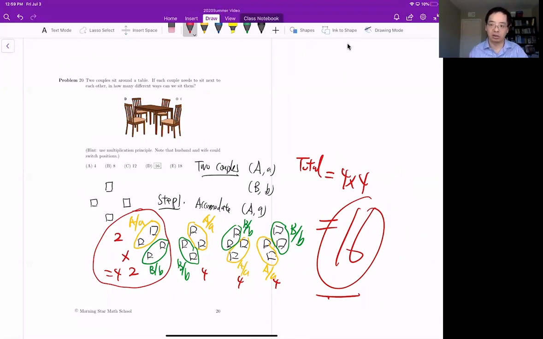But here we exclude those so-called symmetry issues. We consider them all to represent different arrangements for this problem, so we consider all different scenarios.